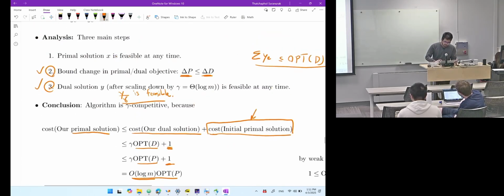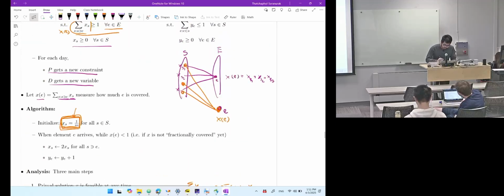We just increase by exactly this much, right? Why? We just double. If xe is less than 1, what do we do? We double the value x on each set that contains e. So the increase is exactly the sum of x over the sets that contain e.